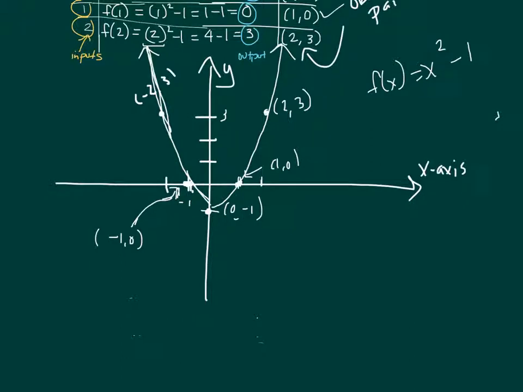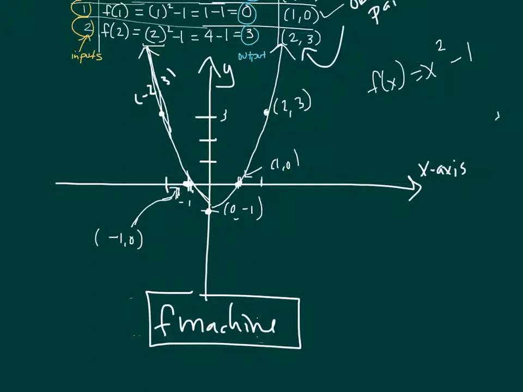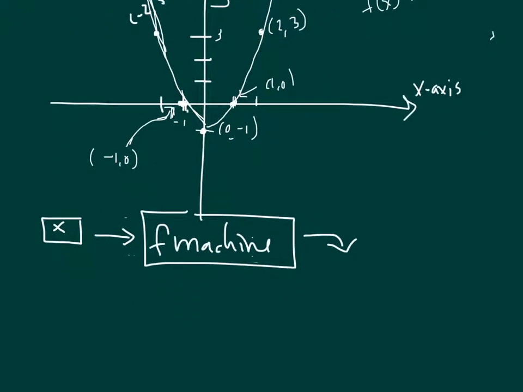Okay, so here's f machine. That's some machine, and you're inputting something. So that's going to be your x. We're putting something in the machine, and it's doing its work, and something comes out. What comes out is our f of x, or our y.